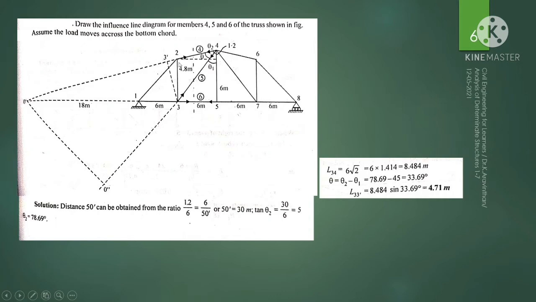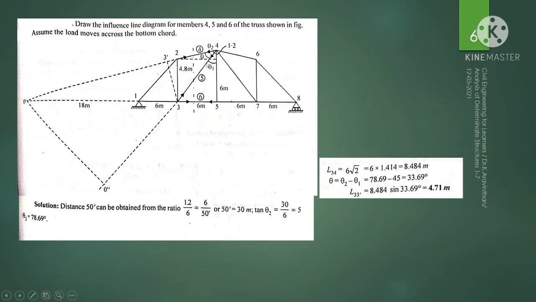So an imaginary point is drawn here along with this element. If you extend this, it will join at the point O dash, and further the horizontal line is also extended. At the meeting point it is mentioned as O dash here.